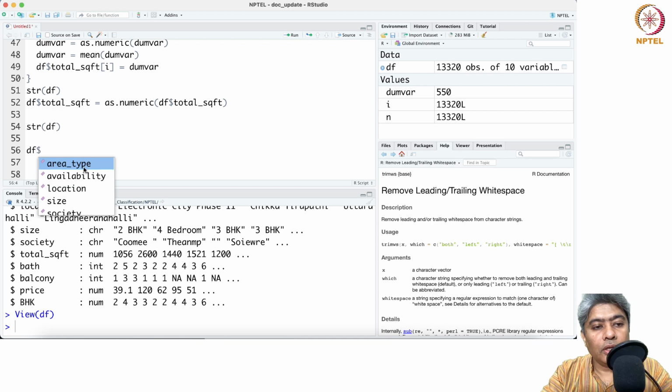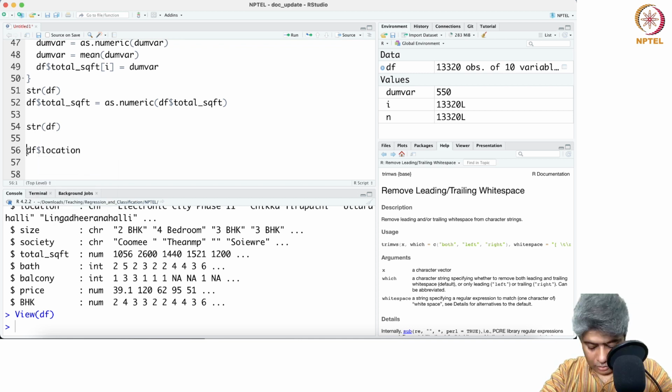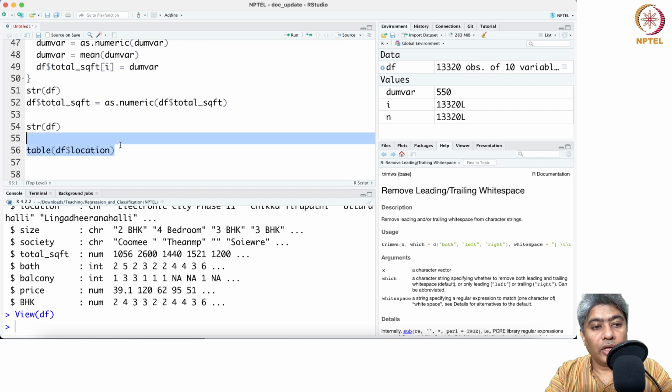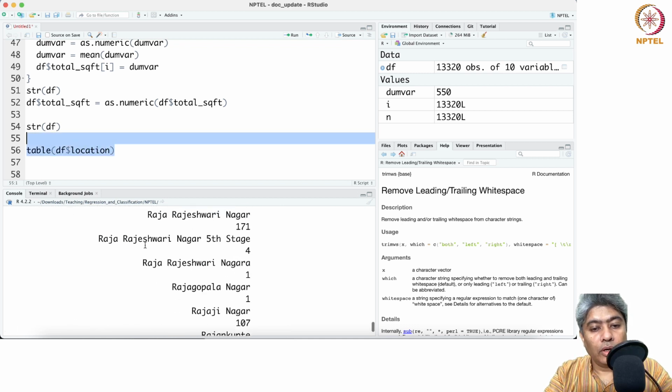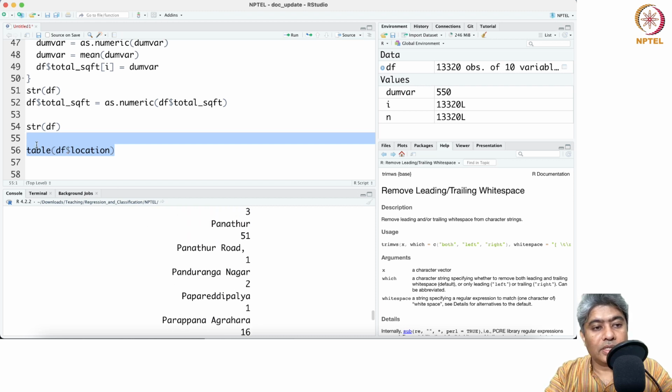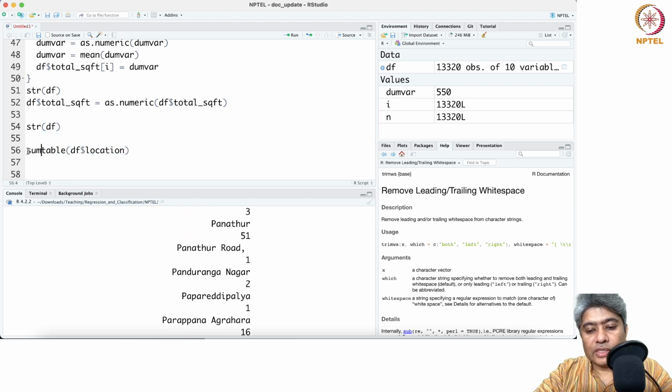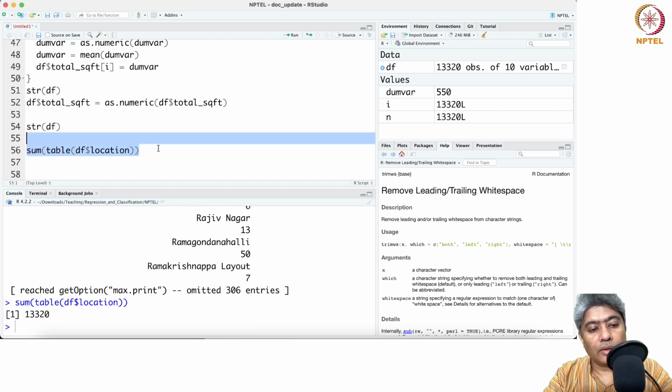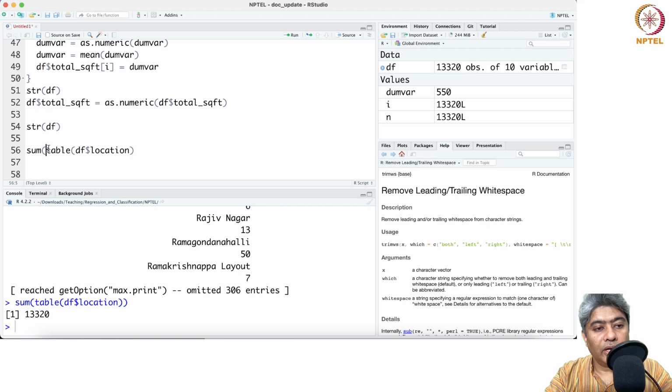Take df dollar location, and first we can just say table. It will give me a table of how many instances are there for each location. If I just say sum, it will give me 13,320, but I don't want that. I want the table with each location, and then I can sort them.